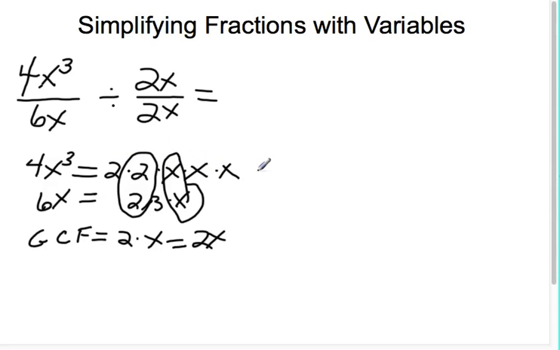I have 2 times x, so that equals 2x squared. And if I take out what's common from 6x, what do I have left but 3? So my answer is 2x squared over 3.